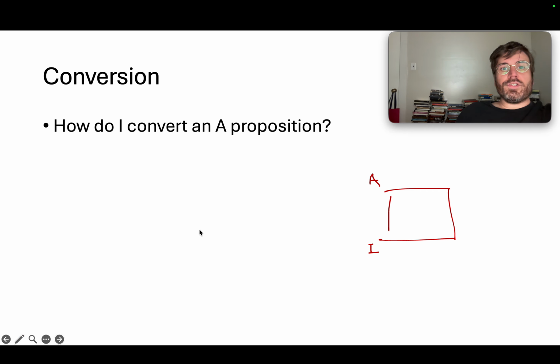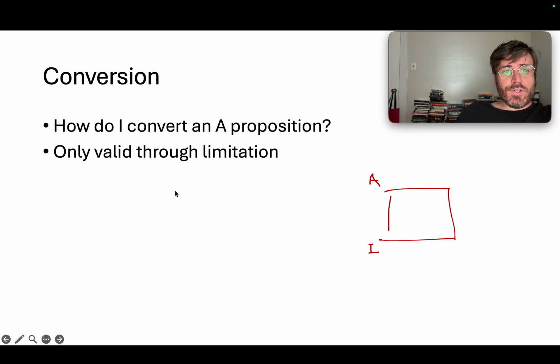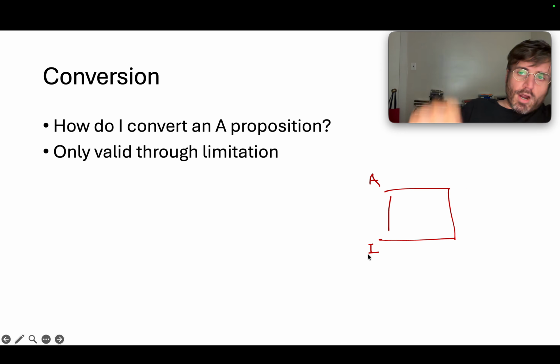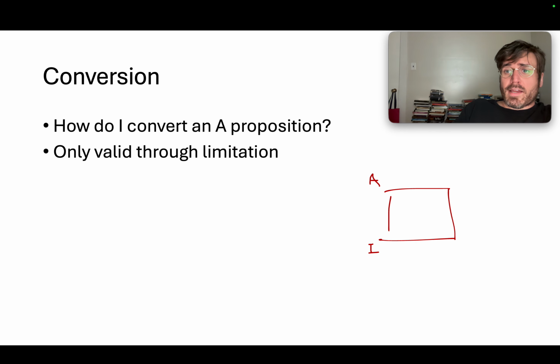We can't immediately convert any A proposition by simply switching S and P. We have to undergo an intermediate step known as limitation. And what that means is we simply transform the A proposition into an I proposition. And then once we have brought it down on the square, then we can apply conversion. So all S are P becomes some S are P, and then the converse of the I proposition becomes some P are S.